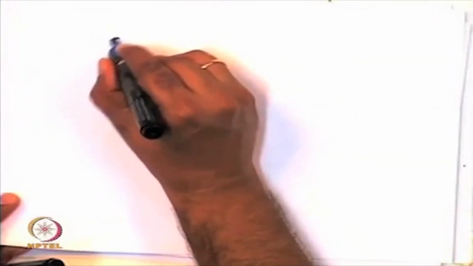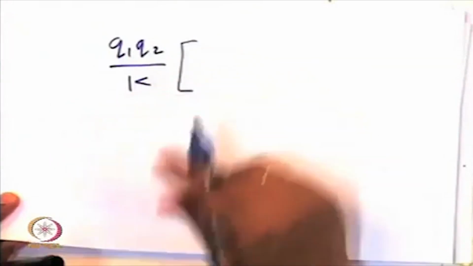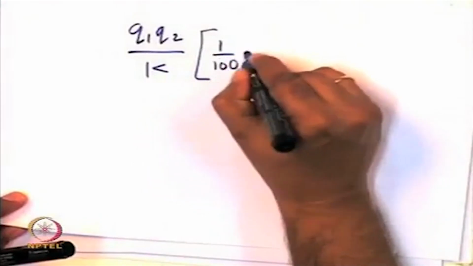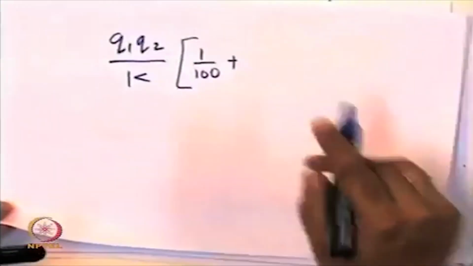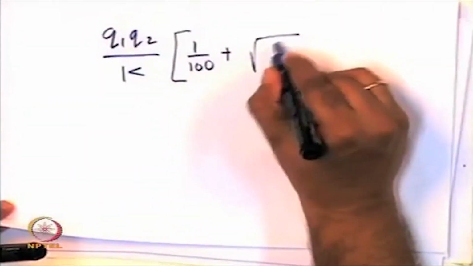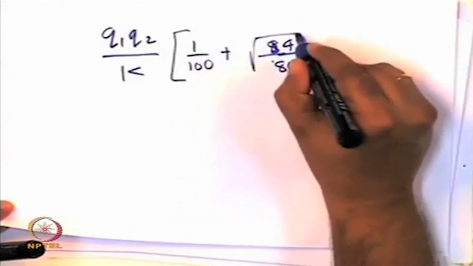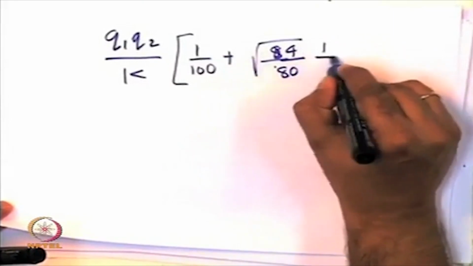Let us write the force along the x axis: q1 q2 by k into 1 by 100 plus square root of 4 by 80 into 1 by 80.